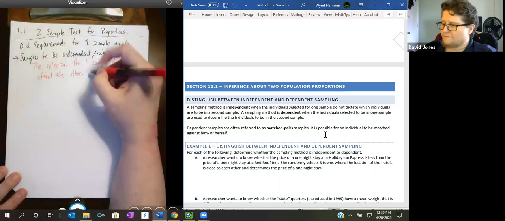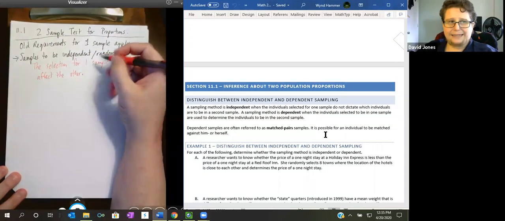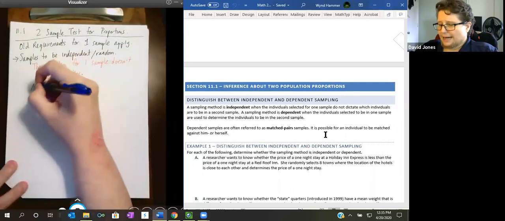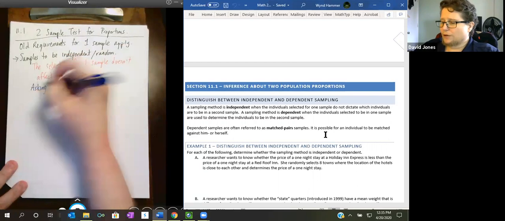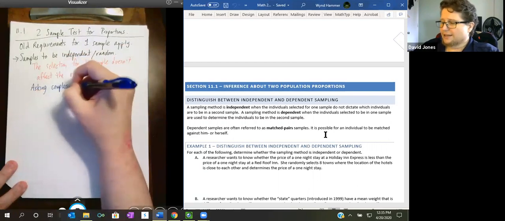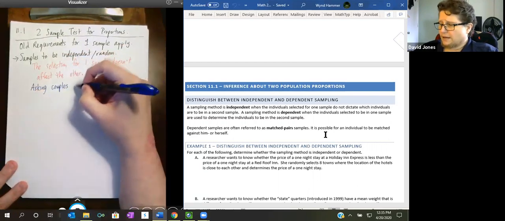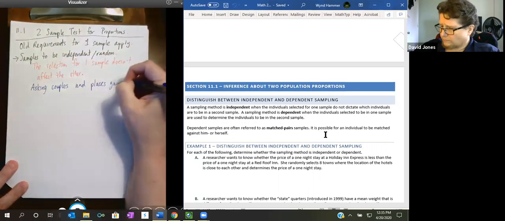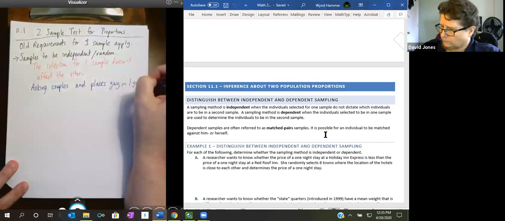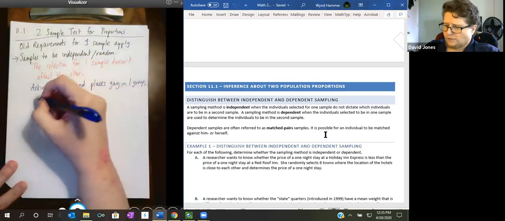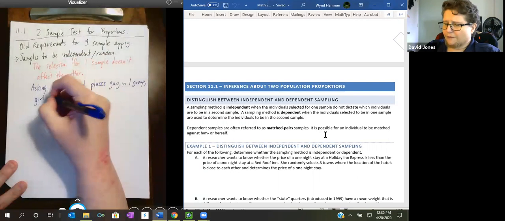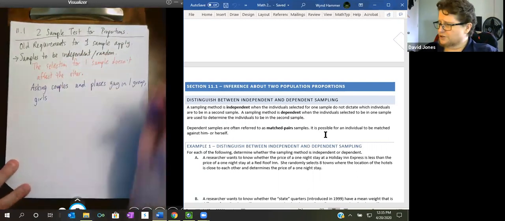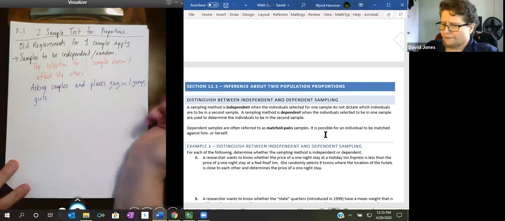Something that would break this: asking married couples, and putting guys in one group and girls in another, or however you're breaking it down.